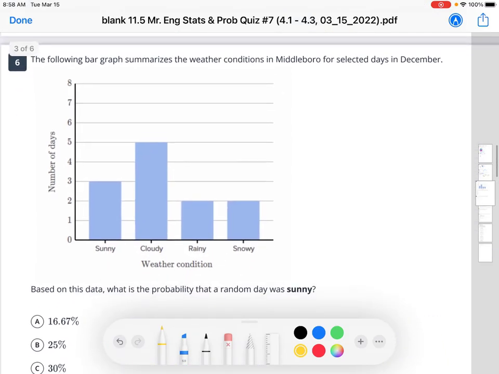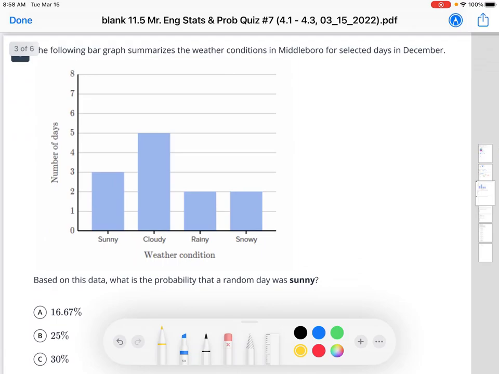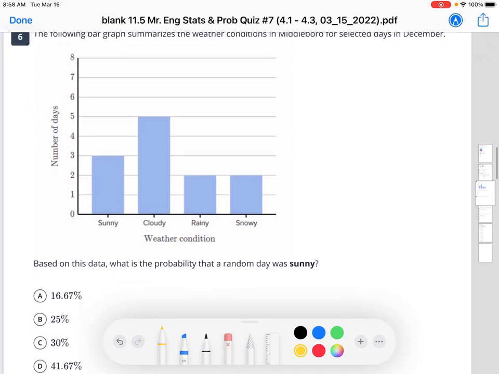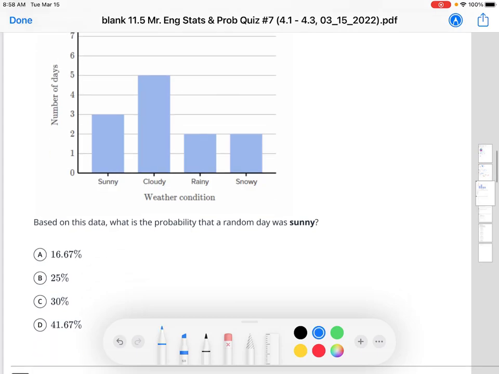Number 6, the following bar graph summarizes the weather conditions in Middleborough for the selected days in December. Based on this data, what is the probability that a random day was sunny? Well, the probability that it's sunny is going to be the sunny days over the total.